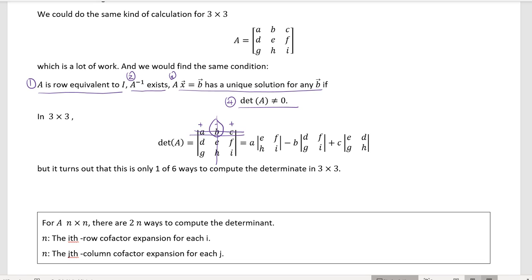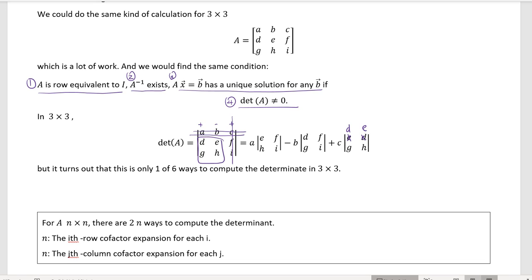So D, G, F, I. And then we have plus C times the determinant of the submatrix by deleting the first row and the third column, which is D, E, G, H. Oh, there is a mistake. This guy should be D, E, G, H.